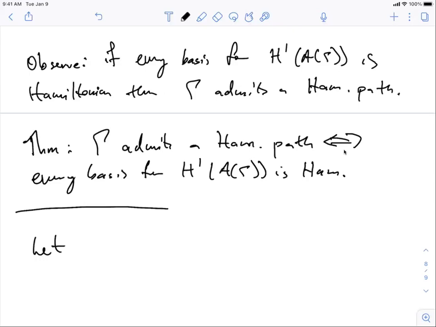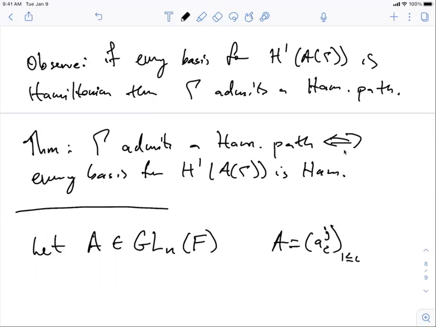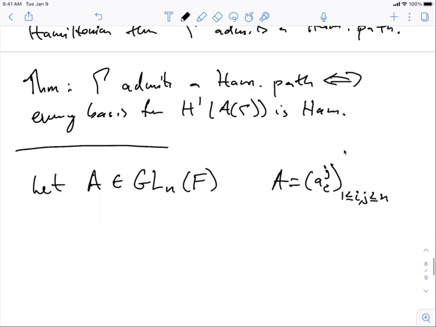So let's just let A be an element of GL_n(F). We'll write it as A_ij, where i and j go between 1 and n. So i is the row and j is the column.